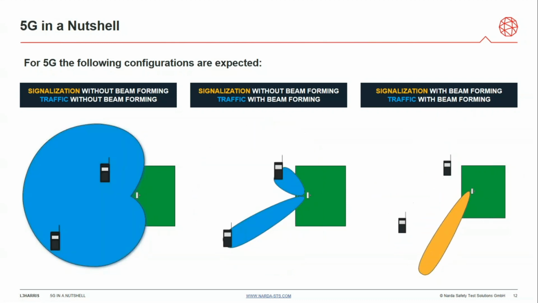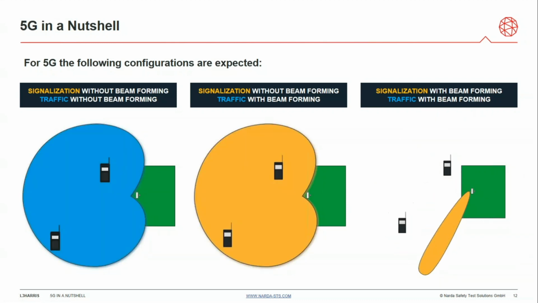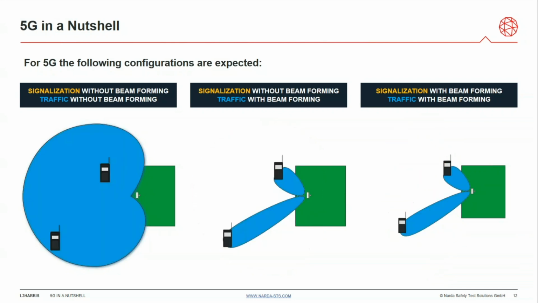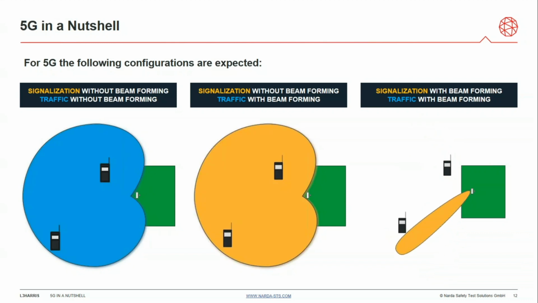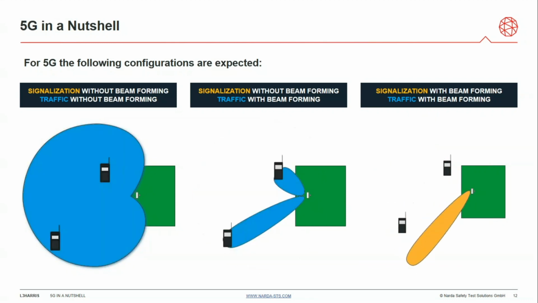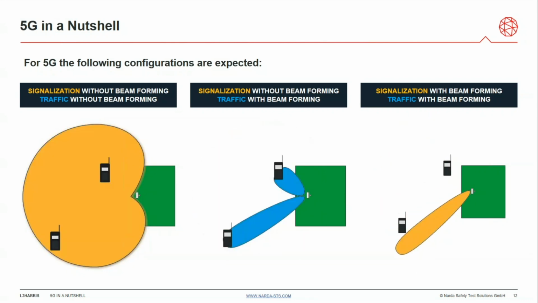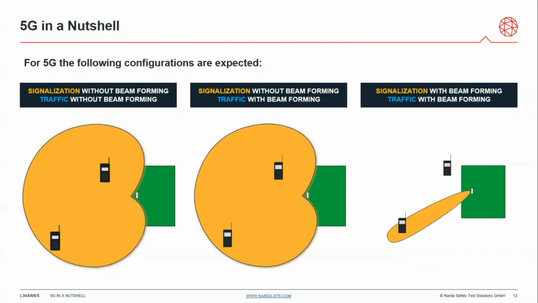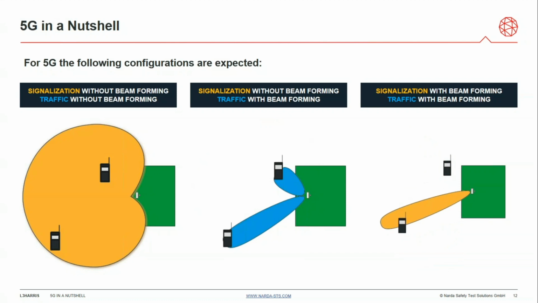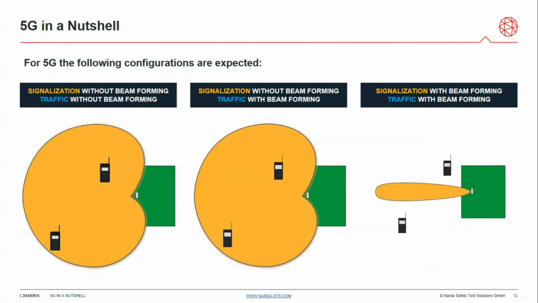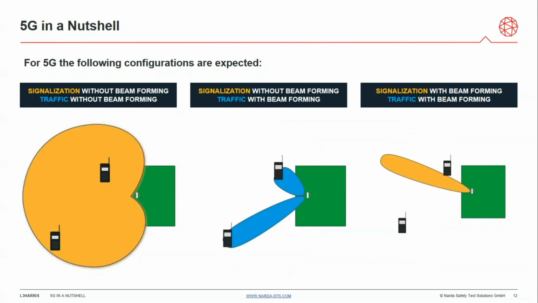So the latter case, or the case 3 on the right hand of the slide, could most likely be the standard case after all radio links, all radio stations have been upgraded to the latest and greatest software and hardware functions.